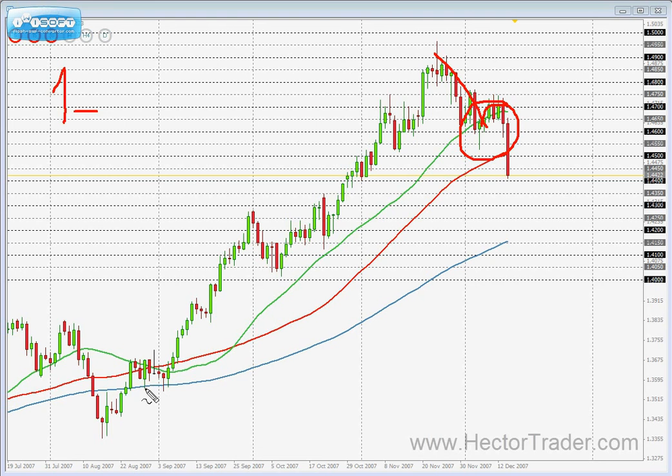Basically, all the people who have been long in this trend, who entered anywhere along this trend, have been making money. They are in the money. They've been holding their positions. Perhaps they've been adding upon every retracement, adding to their long positions and building up their exposure with further lots, further contracts in this particular trend.